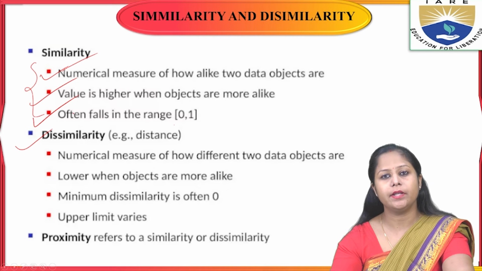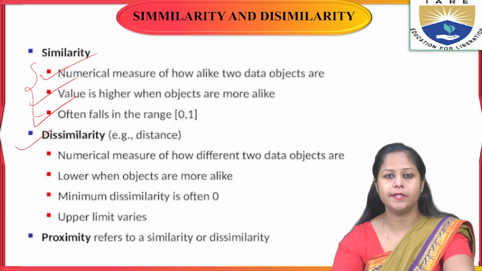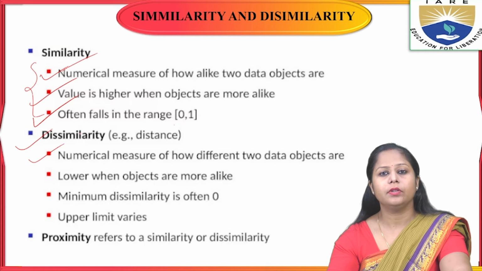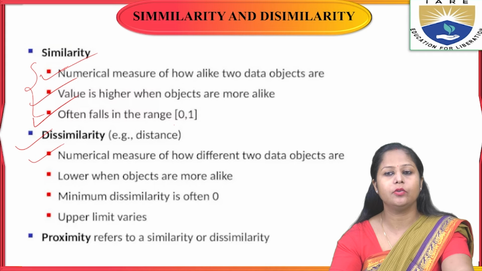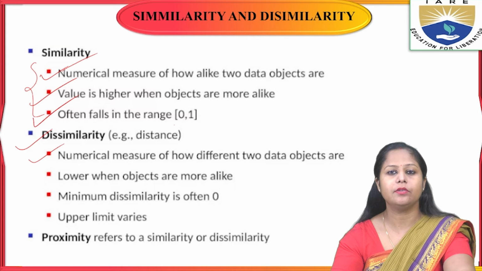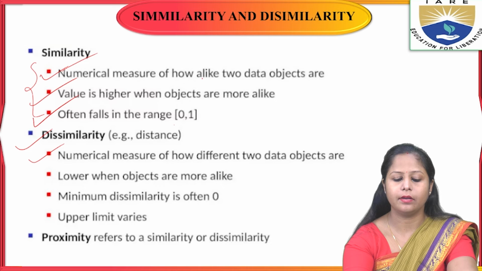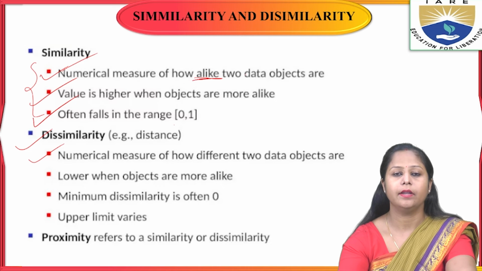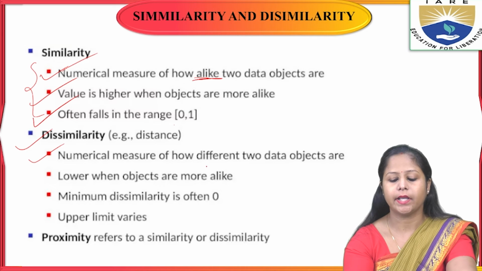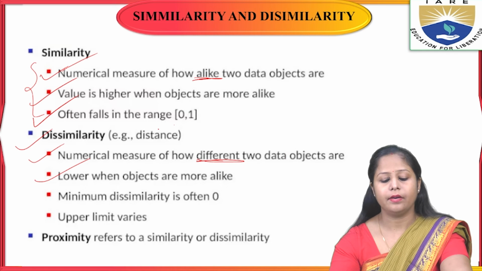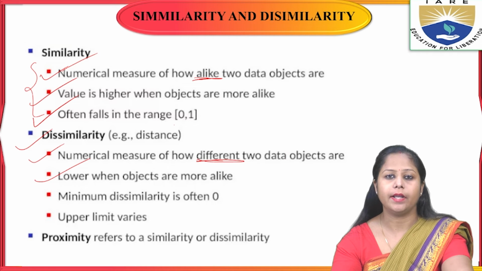What is dissimilarity? It depends on the distance between data points, data objects. It is a numerical measure of how different two objects are. In similarity we calculate how alike the data is; here we calculate the difference of the data. The value is lower when objects are more alike.